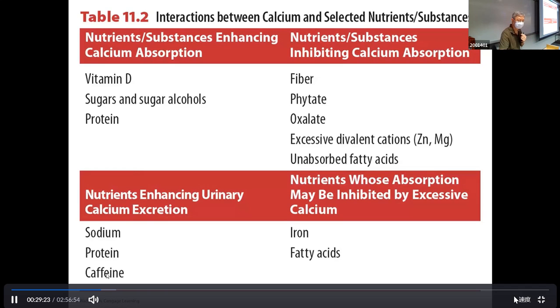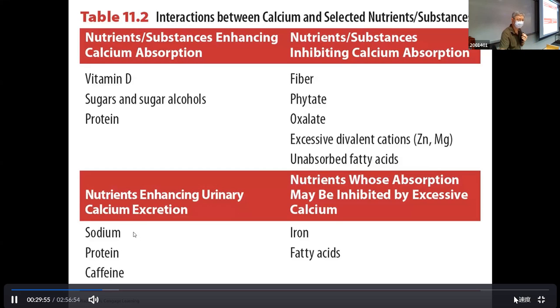But depending on the level of intake, and usually from a normal dietary standpoint, if you are taking in 1 or 2 cups of coffee or a reasonable amount of protein, it's not going to have a significant impact on the calcium excretion.